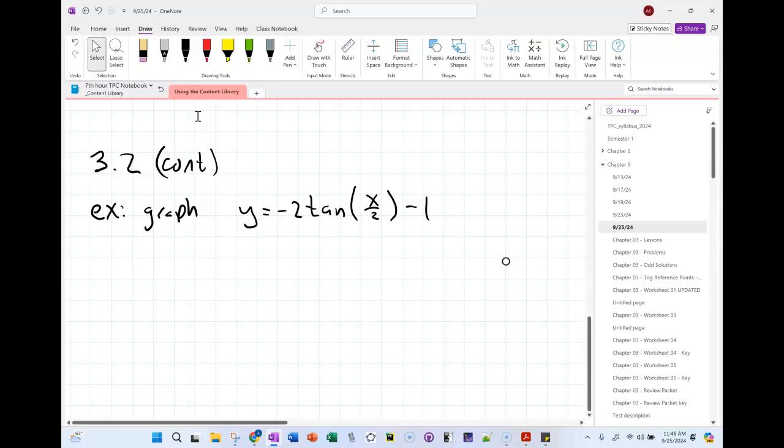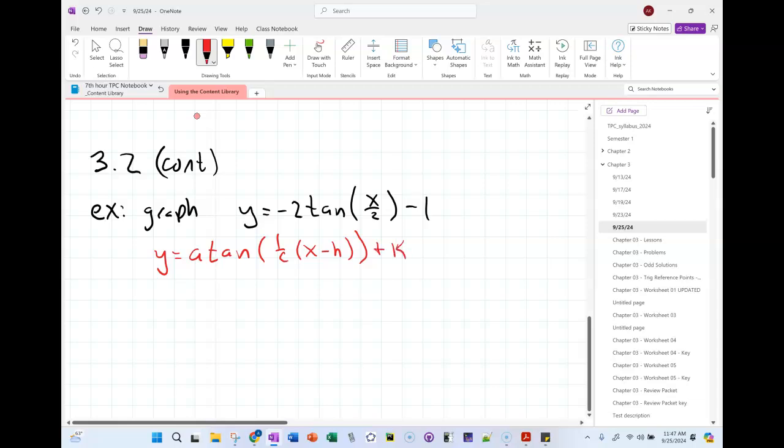Last time we talked about writing the equation from tangent from a graph. Today we're going to talk about writing the graph from the equation. So again, the first thing I'm going to start is identifying the values for A, C, H, and K.